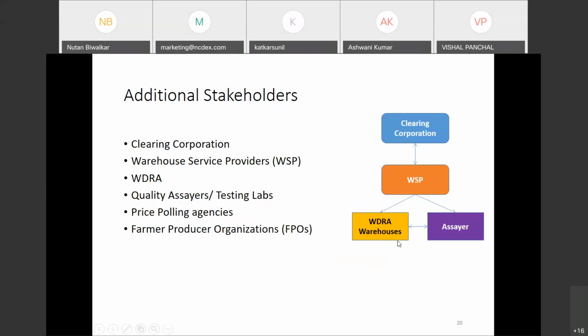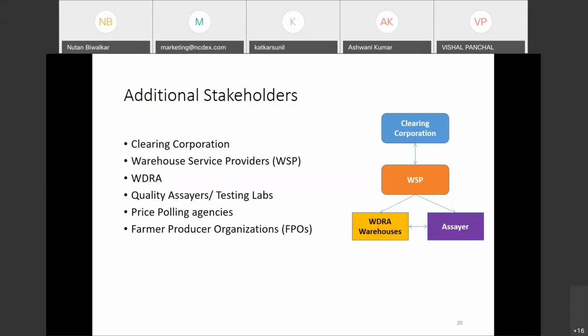That is good delivery. The WSP has the task to ensure that good delivery is effected against the contract. Now, when we are accrediting a warehouse, the CC has to ensure that the warehouse is registered with the Warehousing Development and Regulatory Authority, WDRA. CC accredits only those warehouses which fulfill this most prime condition. Now we can see what a warehouse service provider is.